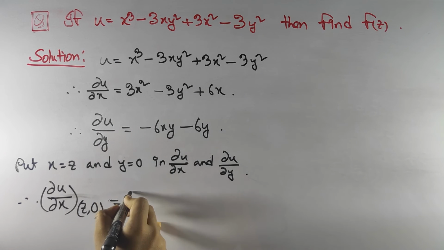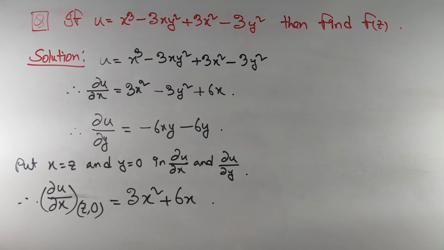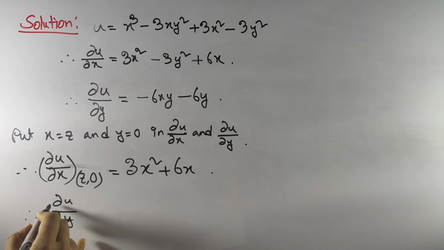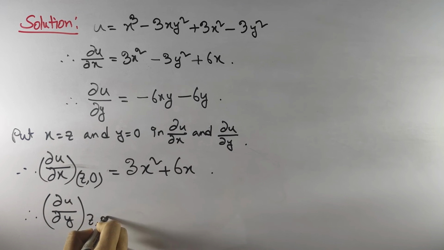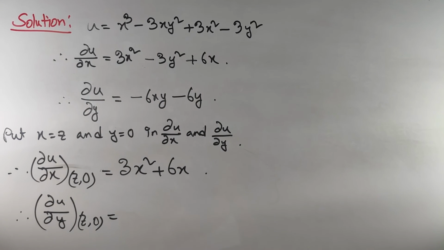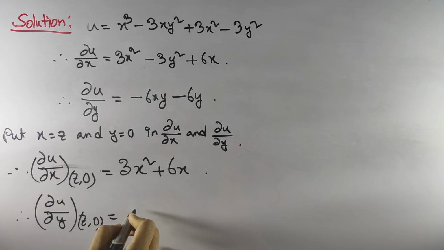That's why it will be 3z square plus 6z. And del u del y (z, 0) will be, y equals 0, that means this will be 0 and this will be 0. The remaining part will be 0. Okay, now I have to evaluate by Milne's method.